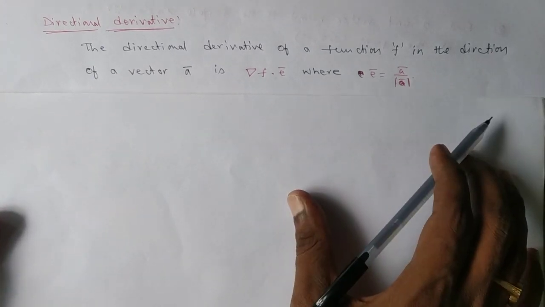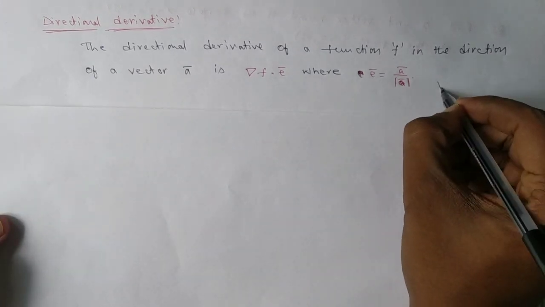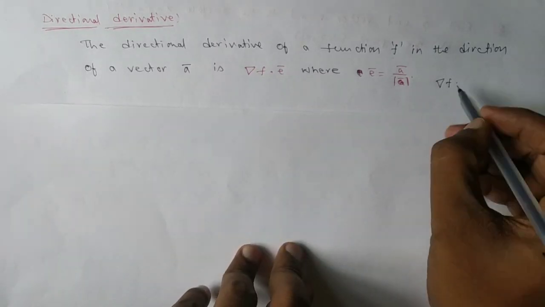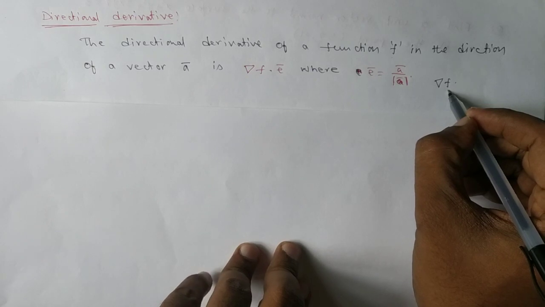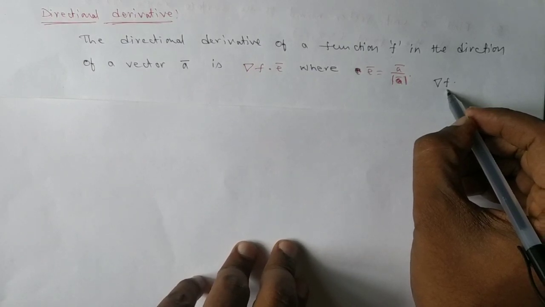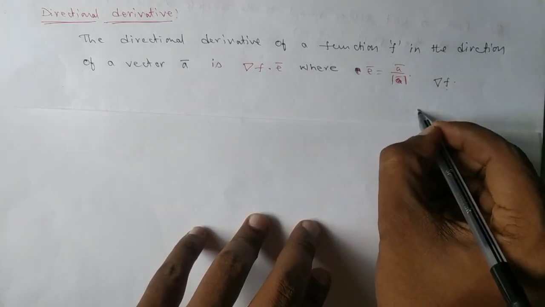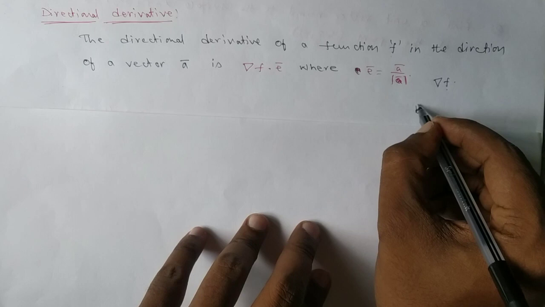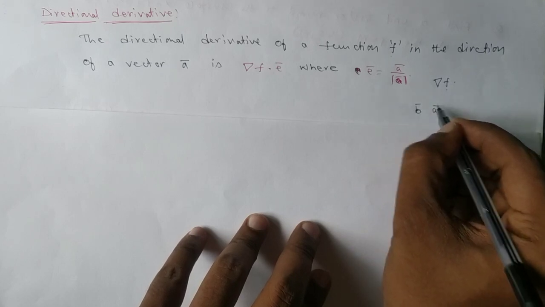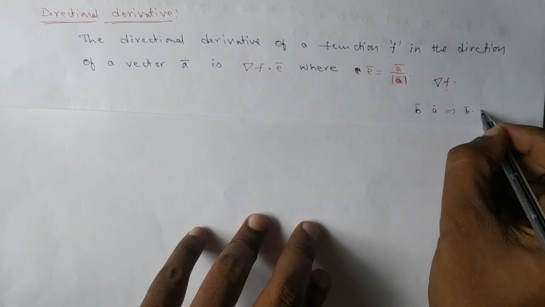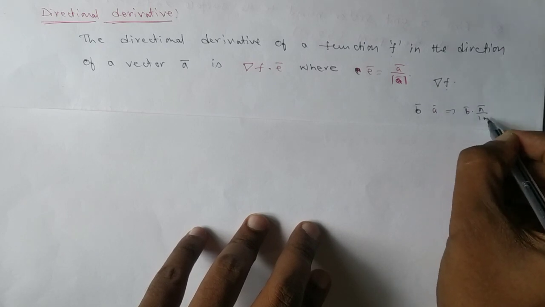I can explain the simple logic here. Grad f indicates the rate of change of f along its normal. Now we know, if you want the projection of b bar on a bar, how is it obtained? It is b bar dot a bar by modulus of a bar.